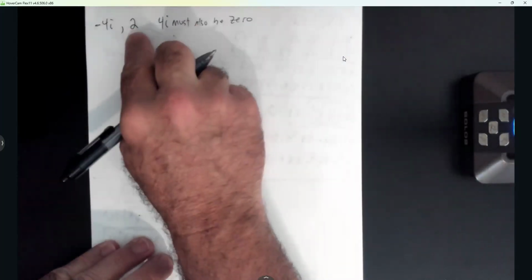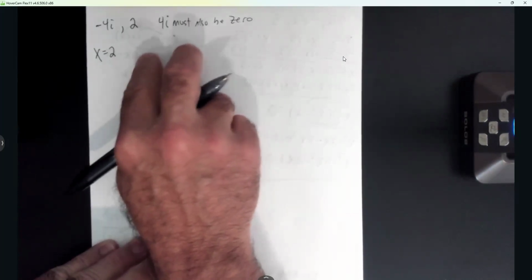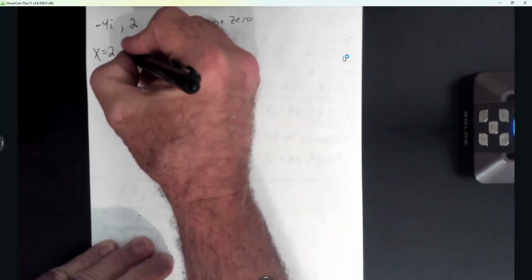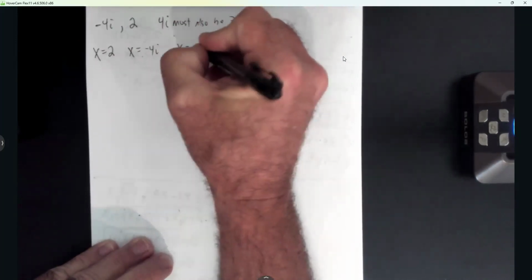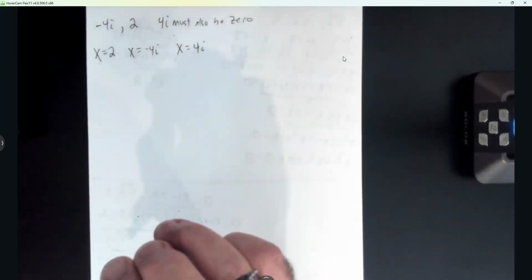So, let me set up my answers. I'm going to put my number 2 first. I always like to keep my imaginary stuff and my radical stuff together. So here's a x equals negative 4i, and then x equals a positive 4i. And y'all do like we did the 2 questions ago.